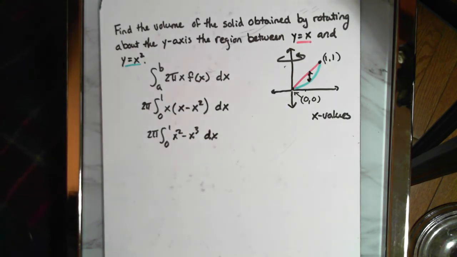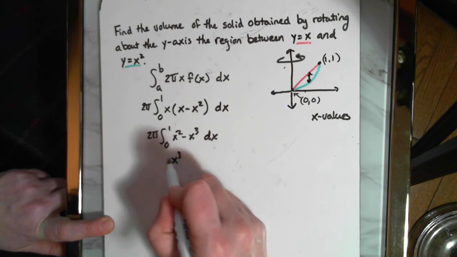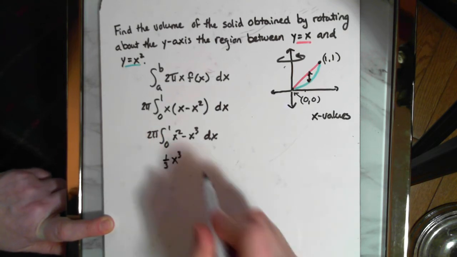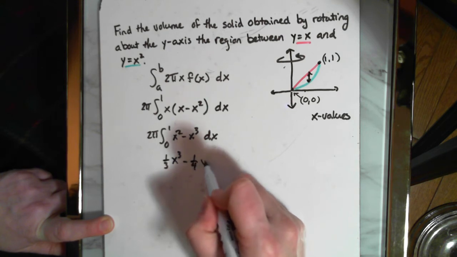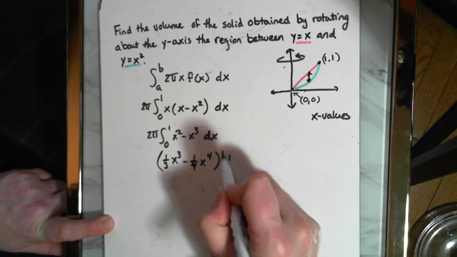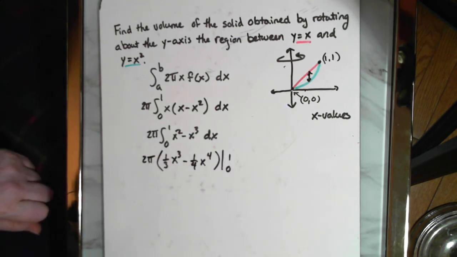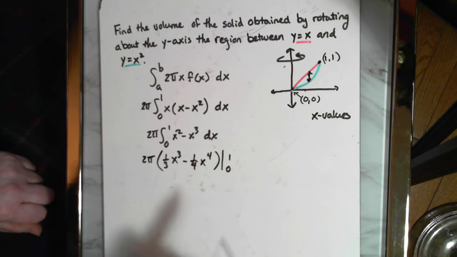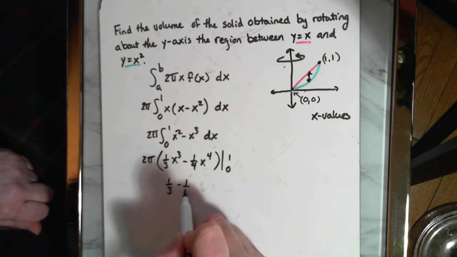Now I'll do the antiderivative. Go up by 1 on the power and divide by that power. Then go up by 1 on the power and divide by that power. I'm evaluating this from 0 to 1, and I can't forget my 2 pi at the end over here. Putting in a 1, I'm going to end up with 1/3 minus 1/4.